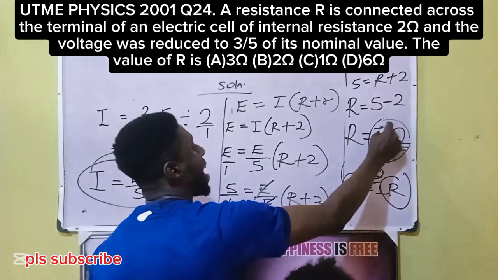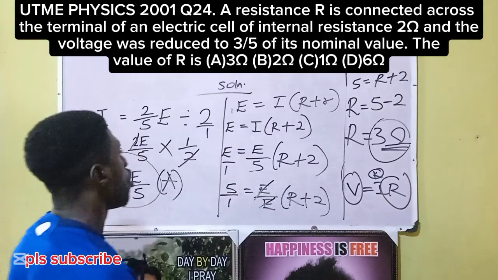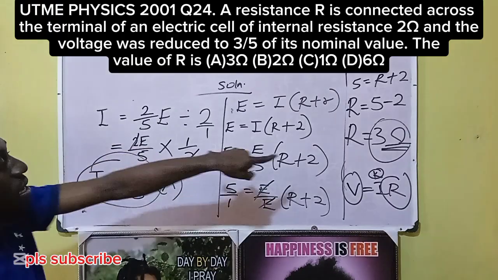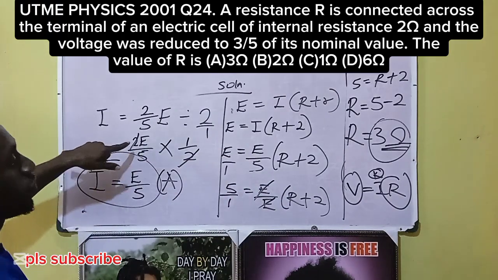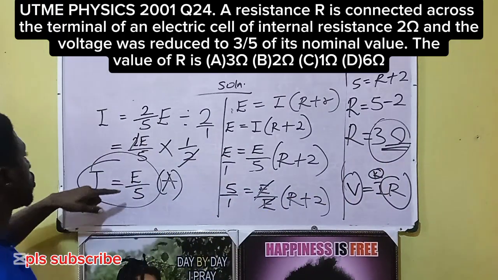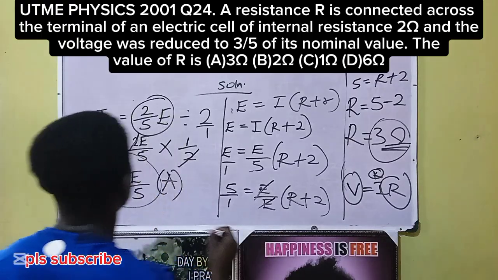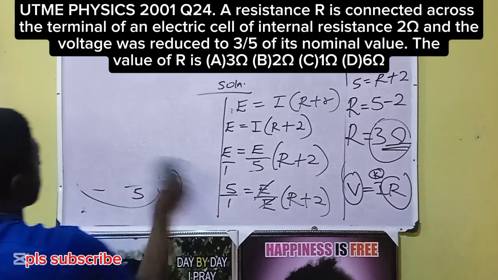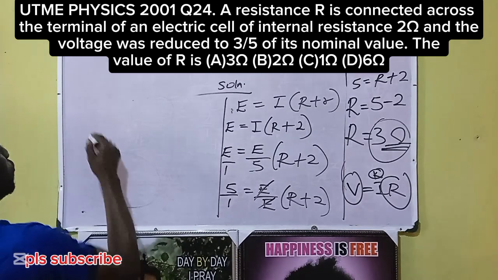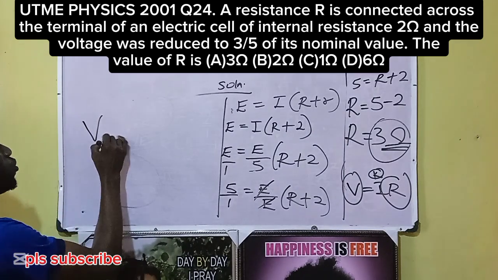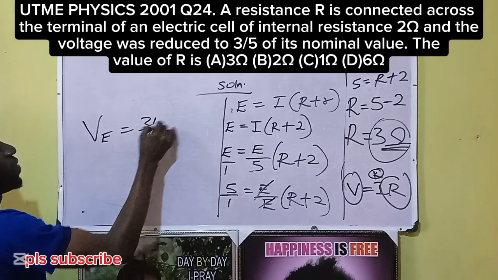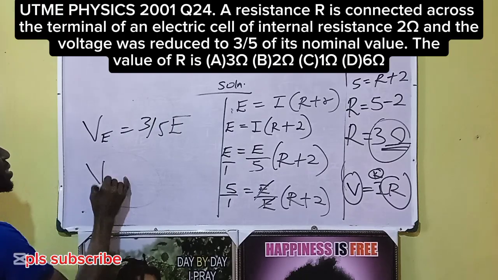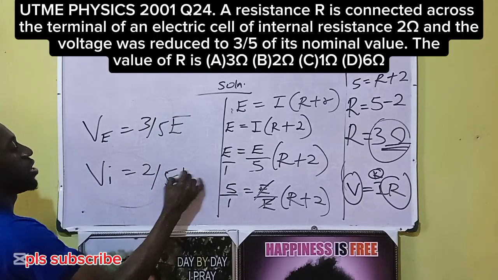Therefore, we'll be expecting higher voltage. Recall, the voltage in the circuit, the external voltage, is 3/5 of EMF, while the internal voltage is 2/5 of EMF.